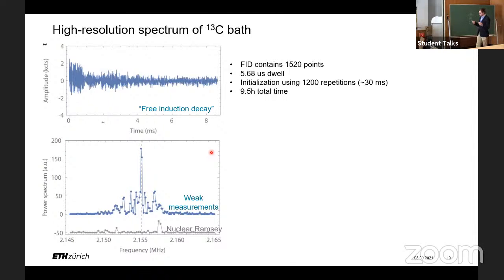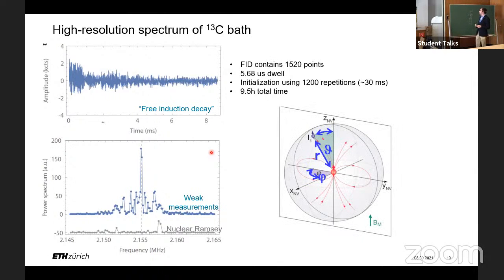And now the question is, how can we actually image with that? Well, we need to ensure that we somehow encode the spatial information into the spectrum. And in classical MRI in the clinics, this is done using gradient fields. We can actually rely on the gradient of the NV center dipole moment itself.